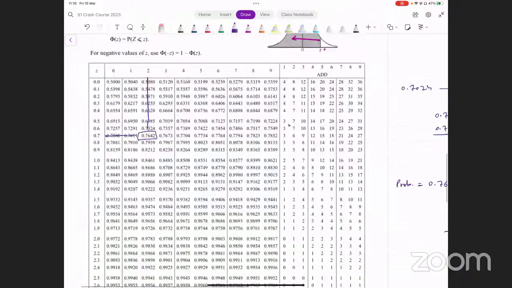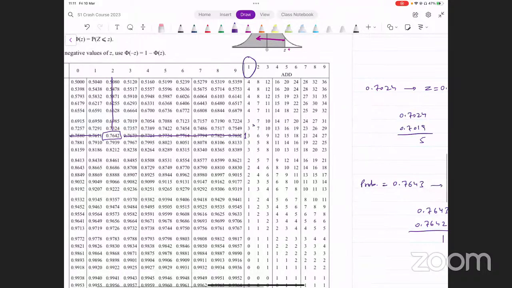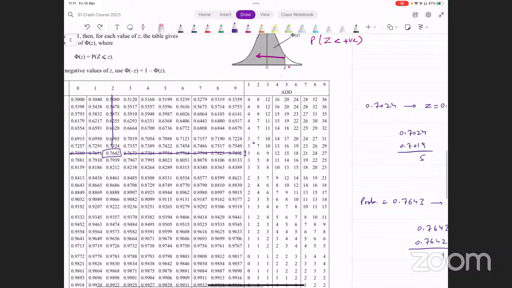Now let's go to the right side here and see where 1 is. Well, there's no 1 here, but it's going to be to the left of 3. So what is the third decimal place that we take here in this case? You see, if you had to add 3, you would say the third decimal place of Z should be 1.